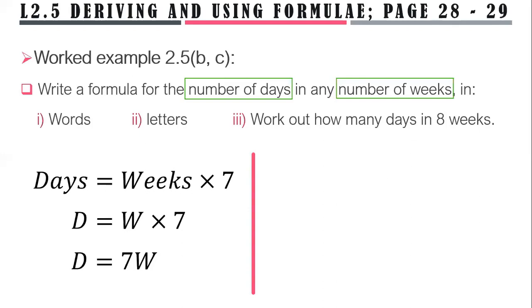Days equals 7 times the number of weeks. That's it. Then if I want to represent it using letters, I'm going to replace the word days by the letter D, and the word weeks by the letter W.